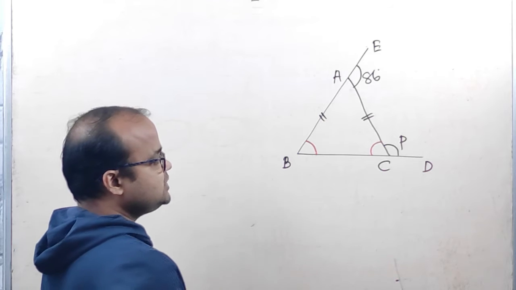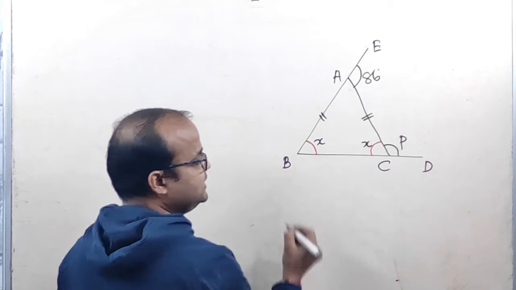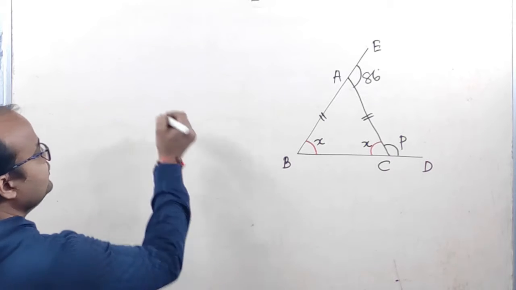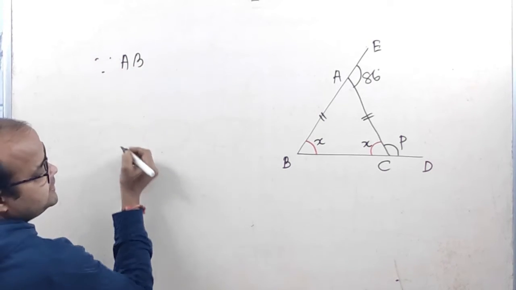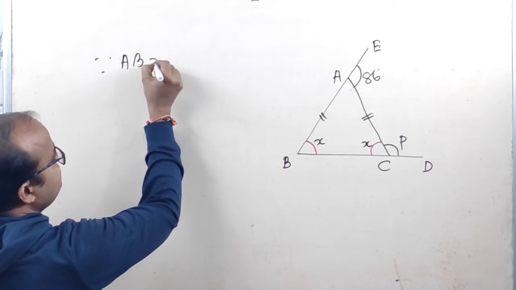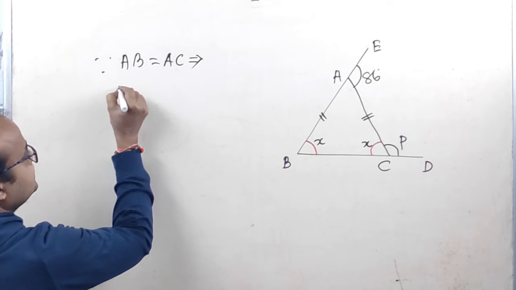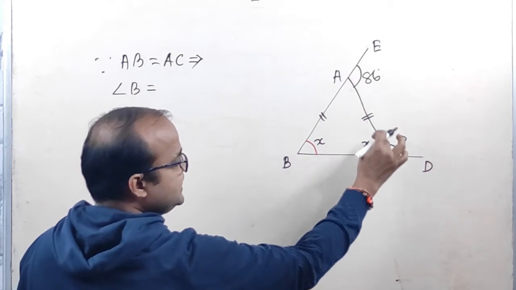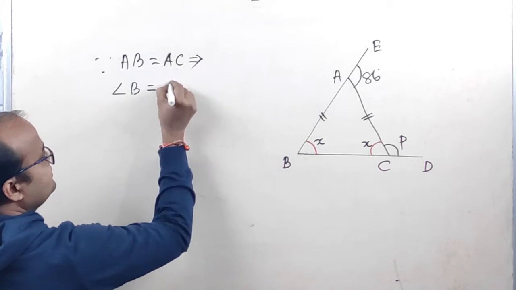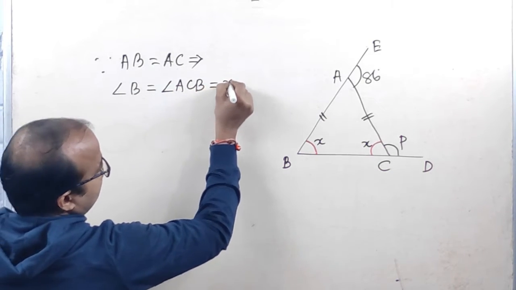That means these two angles are equal. Since these two angles are equal, we consider this as x and x. So we write, since AB equals AC, it implies angle B equals angle ACB. Angle ACB equals x.